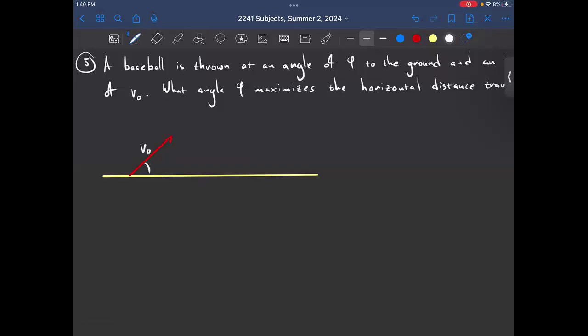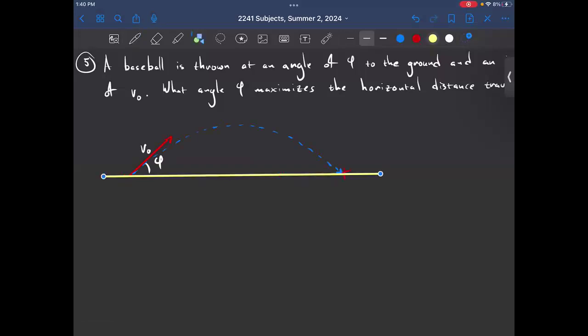And then right here, we have the angle that the baseball makes with the ground. Okay, and then what happens? Well, you launch it at some speed, and it travels in sort of an arc shape. If you've ever thrown a baseball, you're probably familiar with this. And lands on the ground somewhere over here.